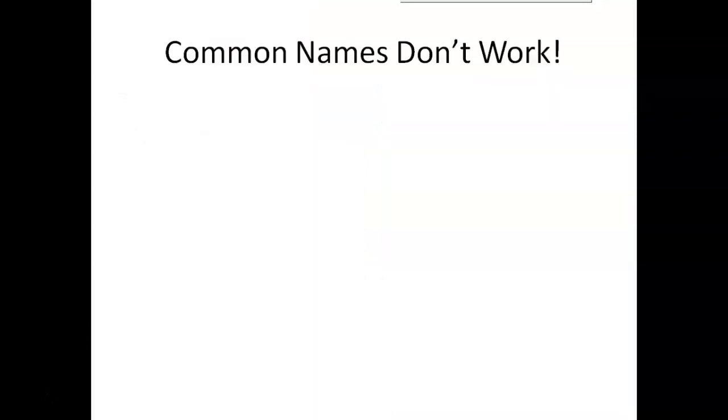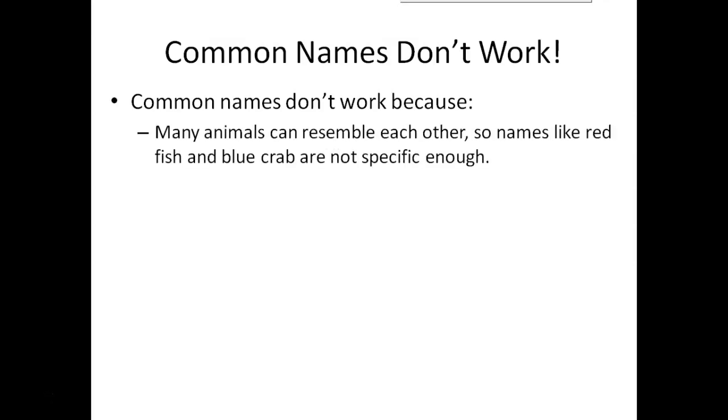Okay. Alright, so as you can see, common names, even though they're sometimes easier to remember than your scientific names, common names don't work on a global scale. Okay. So what we see is that there are many animals out there, and plants too, that can resemble each other. So your generic names of redfish and blue crab and whatever else are not specific enough.